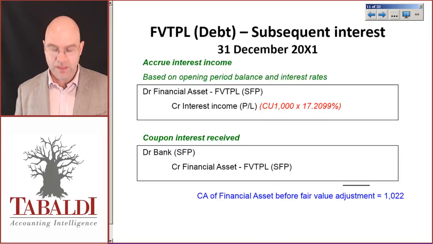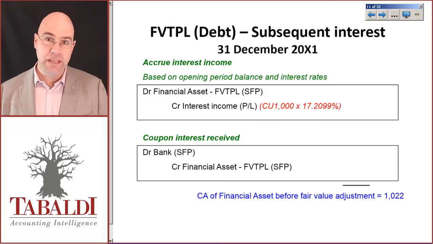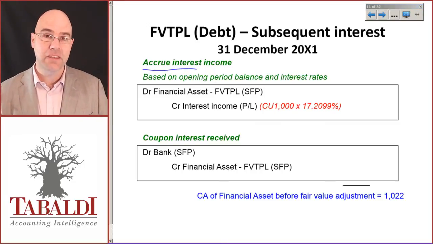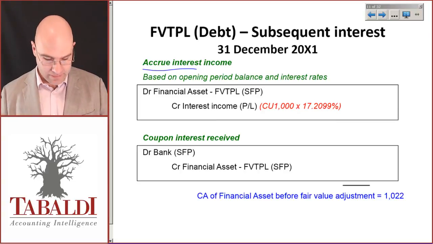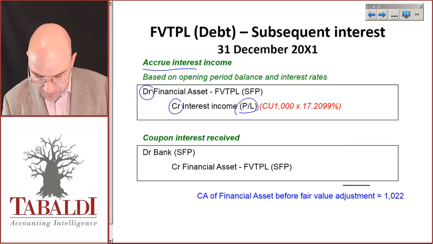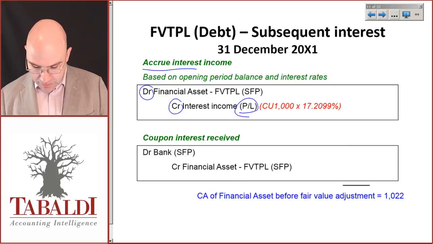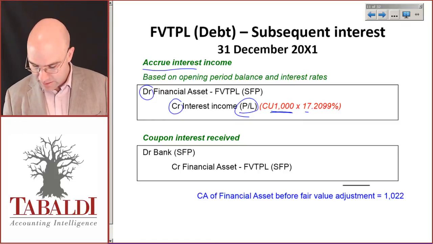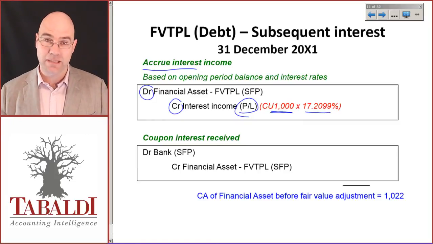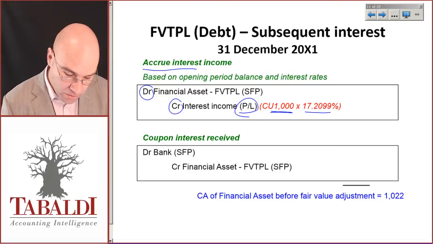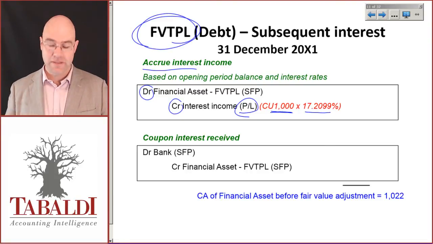Let's now go and calculate the actual interest accrual for the year. So accrue interest income, this has nothing to do with the actual interest received, right? So I'm going to debit financial asset, credit interest income in profit or loss. The easiest calculation here is take the carrying amount at the beginning of the year times the interest rate at the beginning of the year. This is going to be different to amortized cost because this is fair value through profit and loss, right?